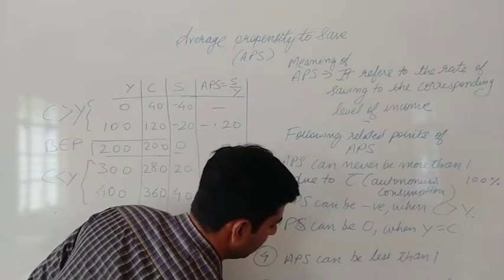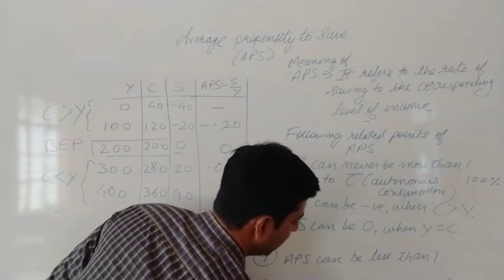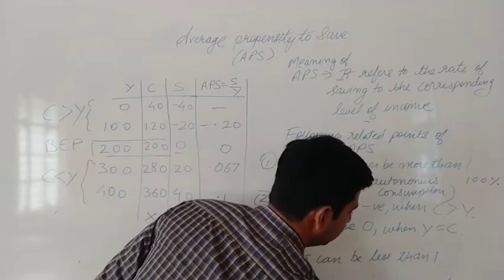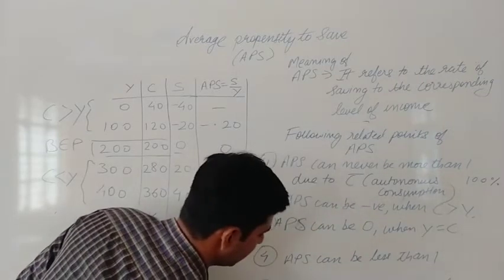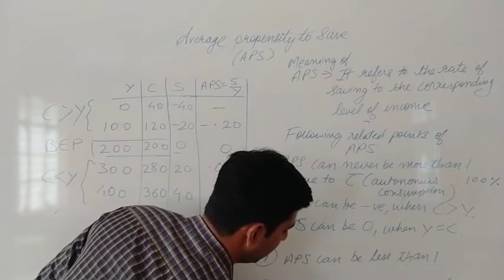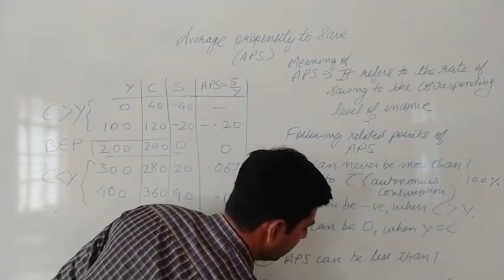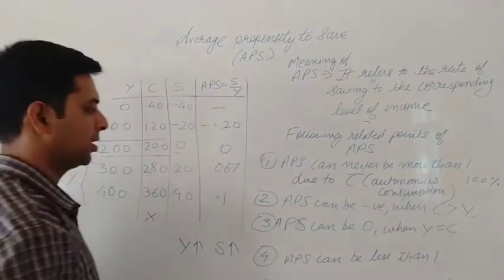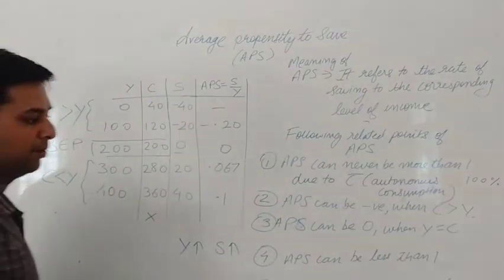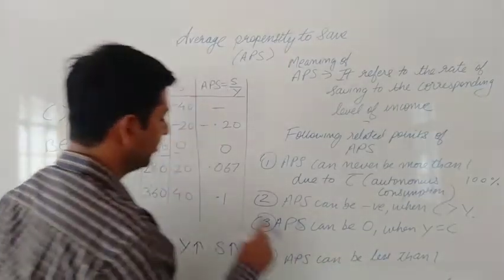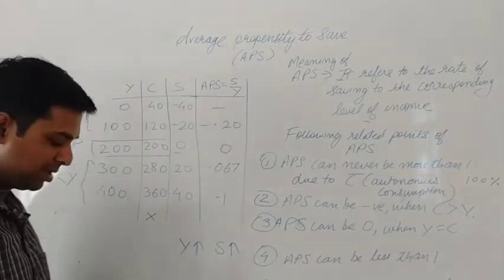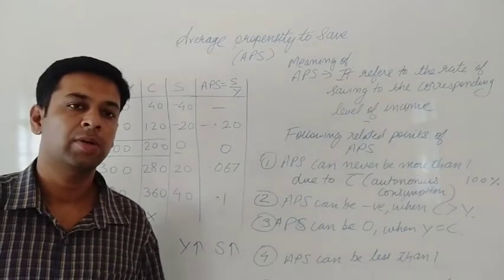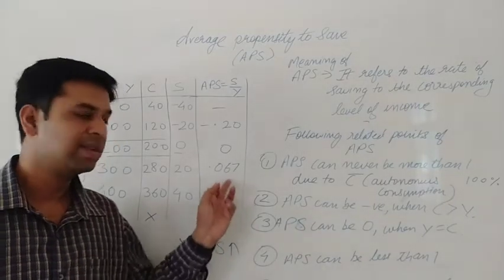So with an increase in income, APS also rises. As income increases, APS also increases. APS can be less than 1 because as your income is increasing, you are trying to save more. So that's why your savings are here.